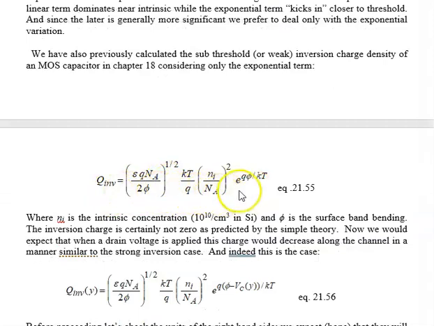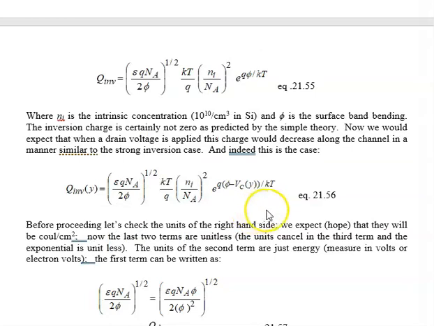We do have charge, we do have band bending, but we want the band bending as a function of the gate voltage, because that's the knob that we can turn, and we also want it when we apply a drain voltage, a V_DS, as a function of the channel voltage. And so we can write equation 21.56, which puts it in a much nicer form. Eventually we have to get this phi into V_G.